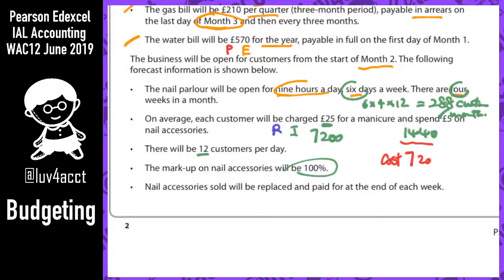Okay, so you are given the purchases of each month of nail accessories. In the first month, you have initial stock, initial inventory of 1200, and then for the following months, each month you will buy 720. Okay, purchases. So this one is payment, as well as what color is it?